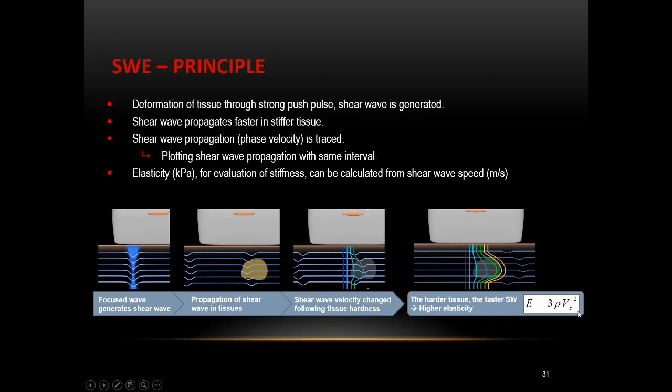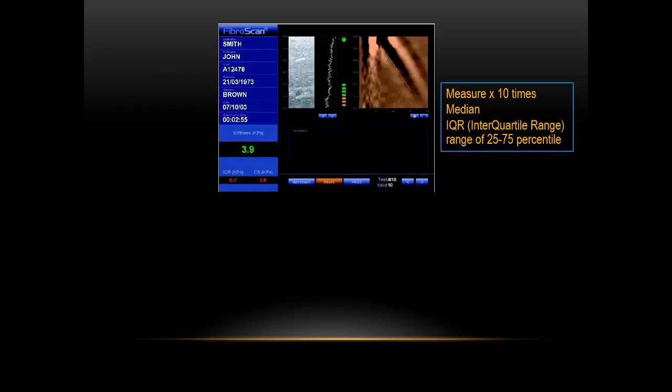That means if the velocity of the shear wave passing through the medium is high, it corresponds to stiffer tissue, with the power of 2. In clinical practice, we don't have to care much about the formula. We just measure it correctly and then interpret it.